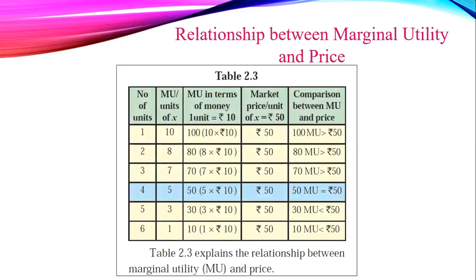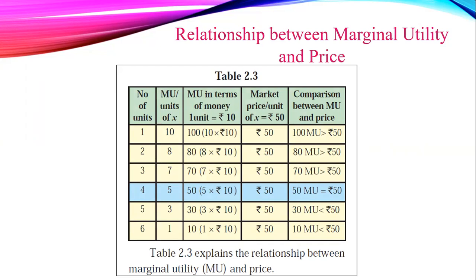Now, see table number 2.3, which explains the relationship between marginal utility and price. There are 6 columns here. The first column is about the number of units.